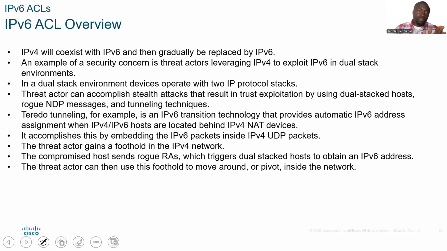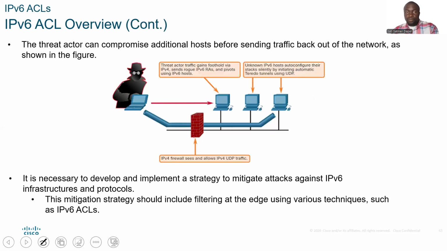So if you are not using any, somebody can take advantage of that. Threat actors can compromise additional hosts before sending traffic back to the network, as you can see here.